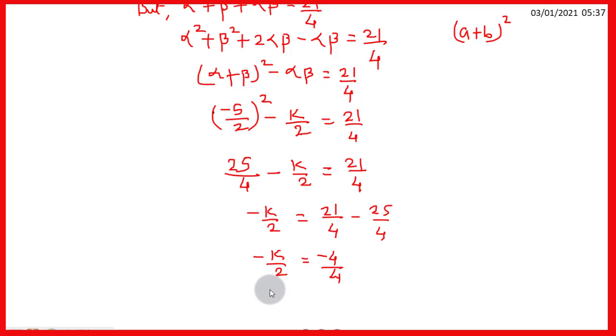So here that will be minus 1, and if you take 2 to this side, that will be minus 2, so minus k is equal to minus 2, and therefore k is equal to 2. And so here we have got the value of k is equal to 2.